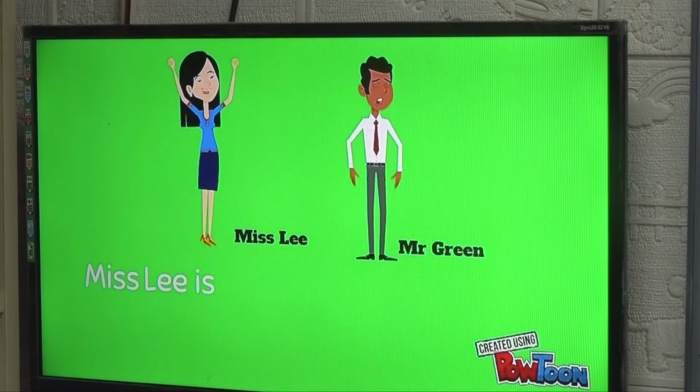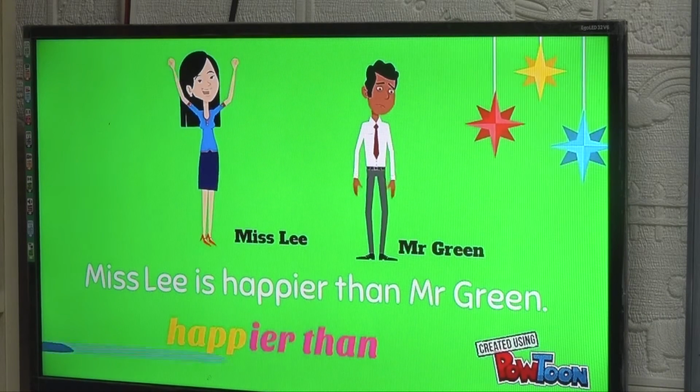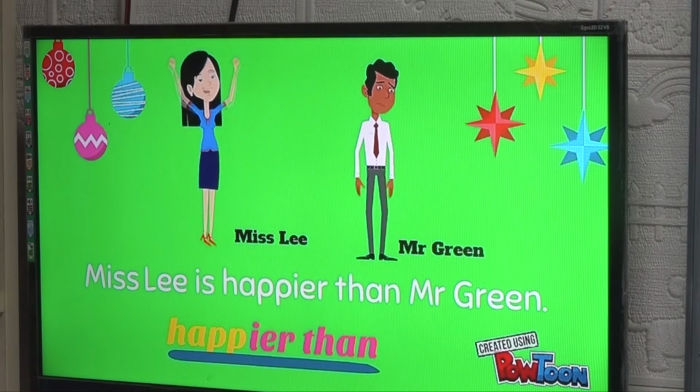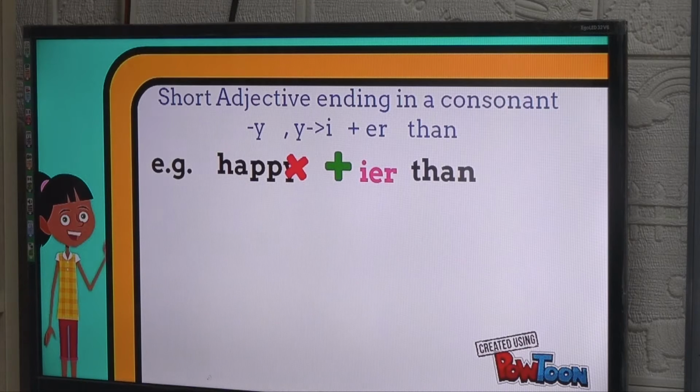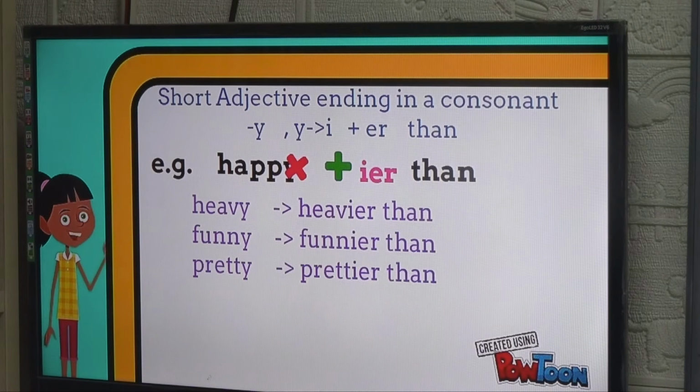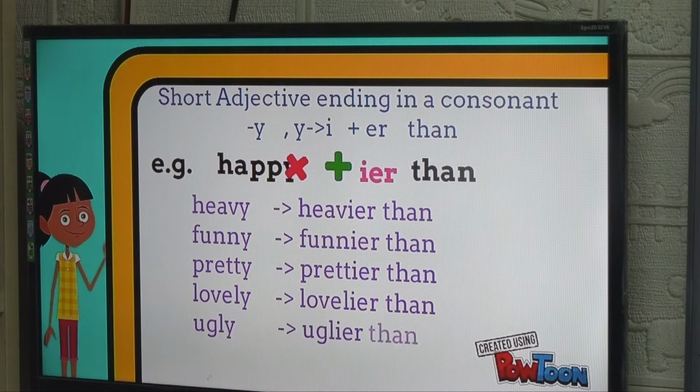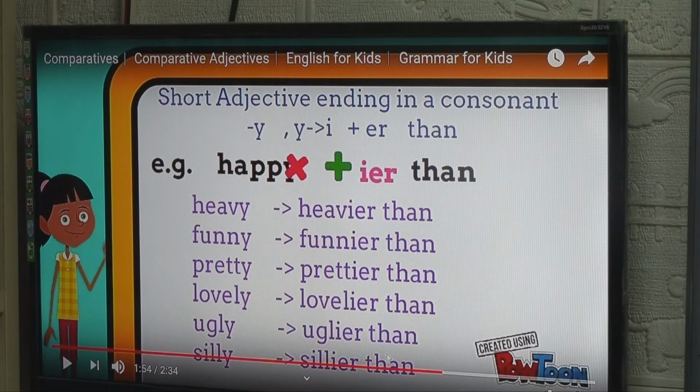Miss Lee, Mr. Green. Miss Lee is happier than Mr. Green. Happier. Alright, for adjectives ending with Y, mostly there are two syllables in the adjective.